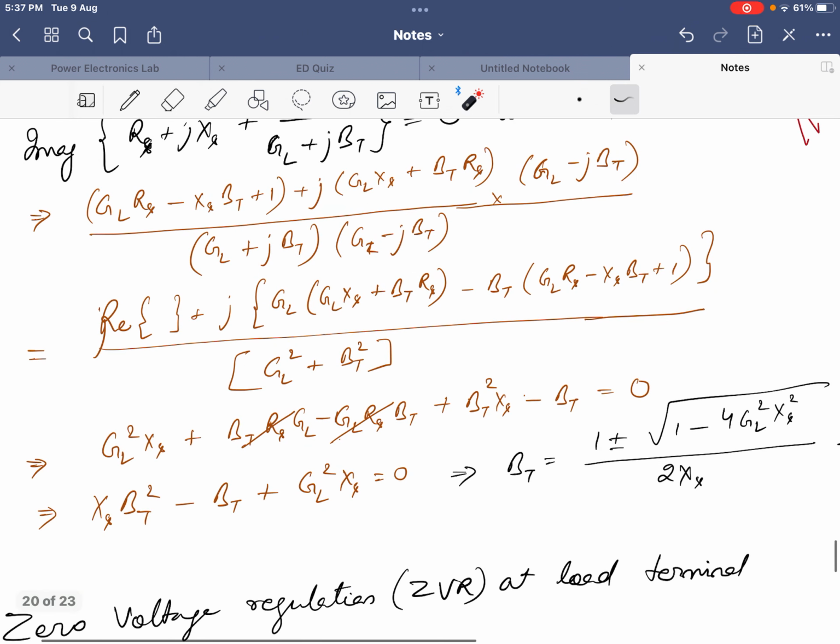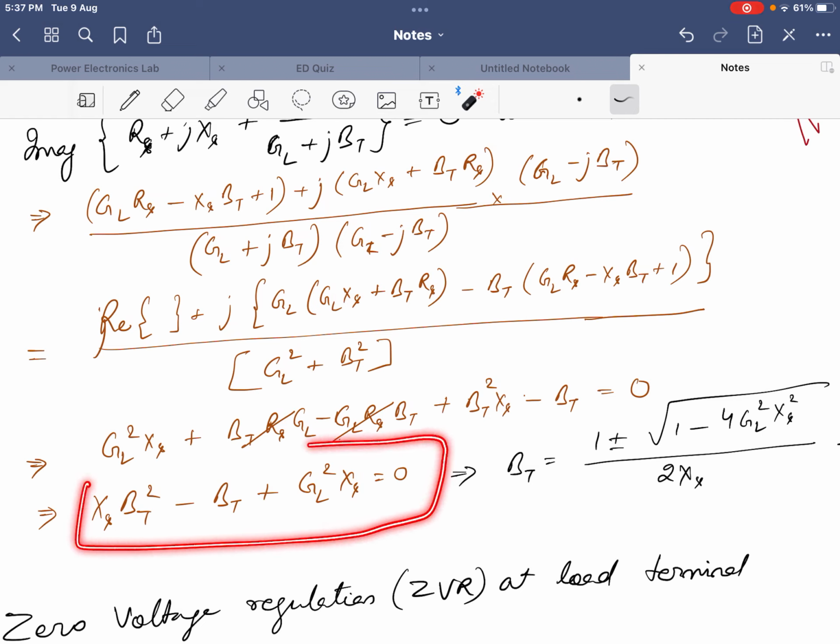The imaginary term is rewritten here with the GL square XS, then GL and this, and here we find that they cancel each other, and what we finally get is this second order equation if we take the variable as BT. So the value of BT is expressed as minus b plus or minus the square root of b squared minus 4ac, divided by 2a.